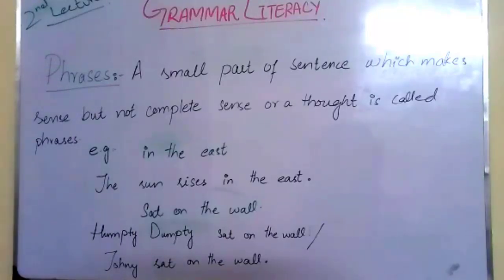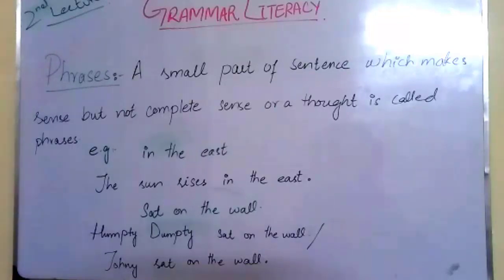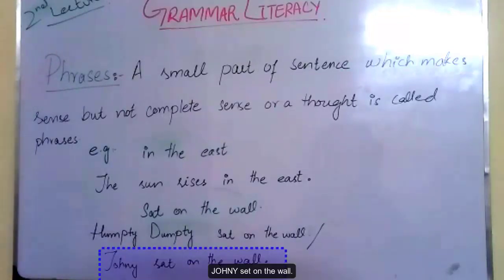Someone is asking about something, where he was or who was sitting on the wall, or who has sat on the wall. So the answer could be, Humpty Dumpty sat on the wall. It could be about the rhyme that the person is talking about, or it could be Johnny sat on the wall. Where was Johnny? Johnny sat on the wall.